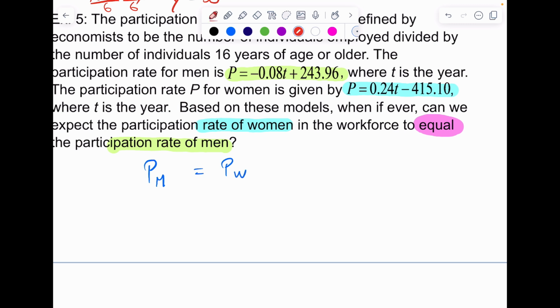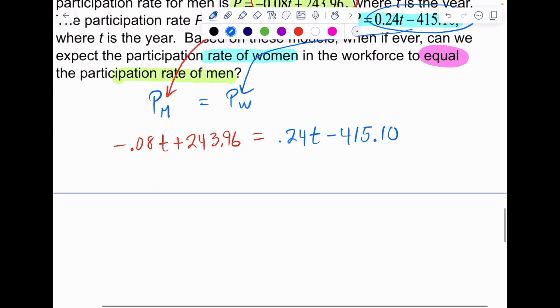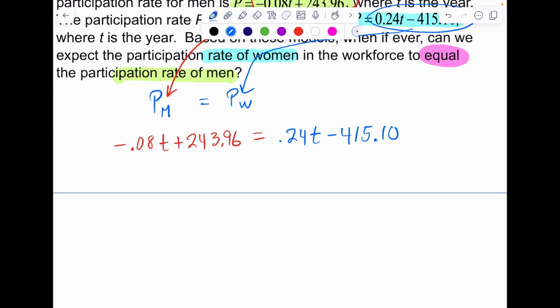Well, let's take the participation rate of men and substitute that in, which is negative 0.08 T plus 243.96. And then let's take the participation rate of women and plug it in. So that's 0.24 T minus 415.10. So now we're going to solve for T.